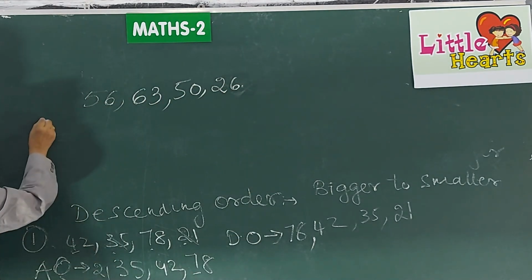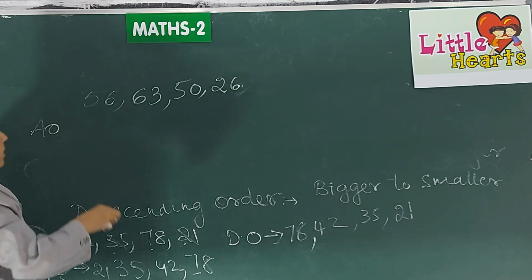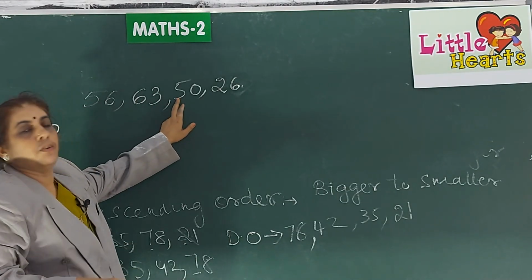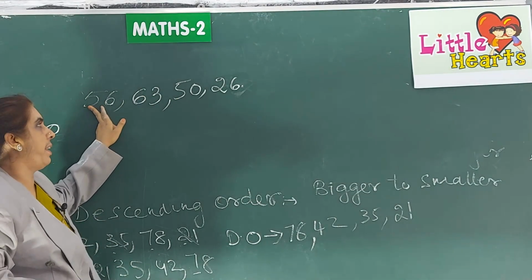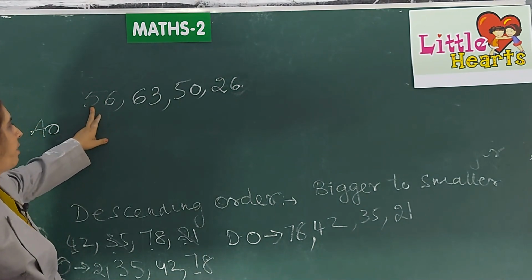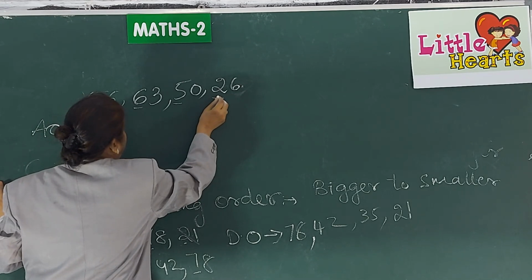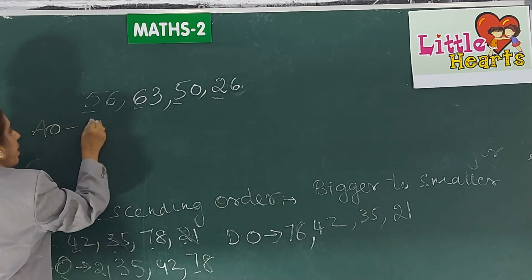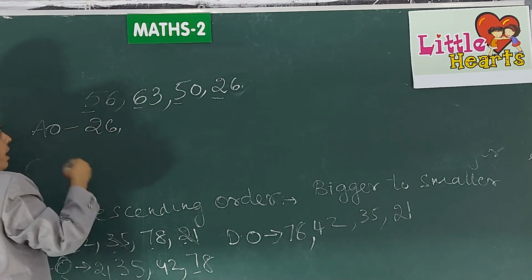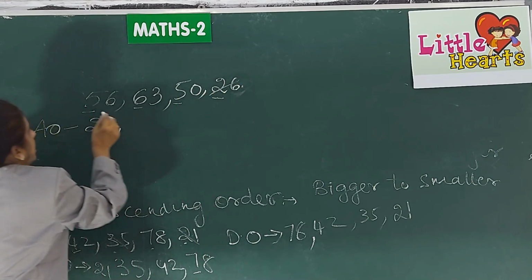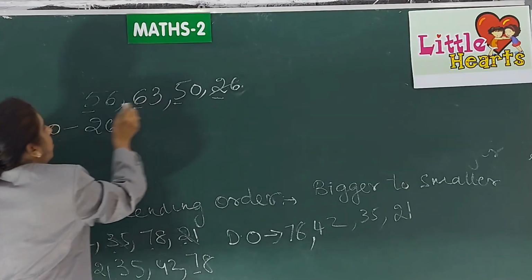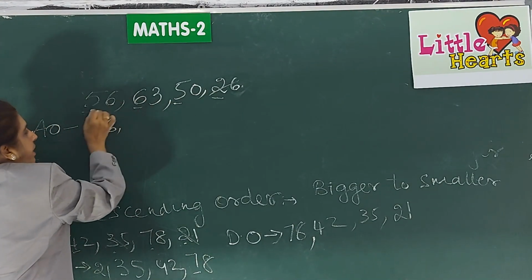This is another set of numbers. In this, two numbers have 5 in their tens place. Then let us see how to arrange them. First check the tens place digits. 2 is the smallest, so write 26. And coming to the next, 56 and 50, we have two fives in the tens place.